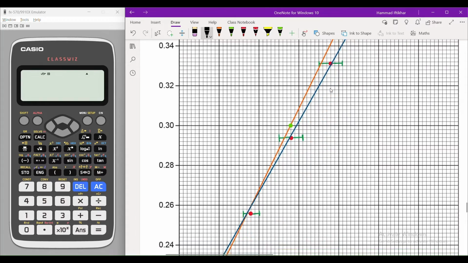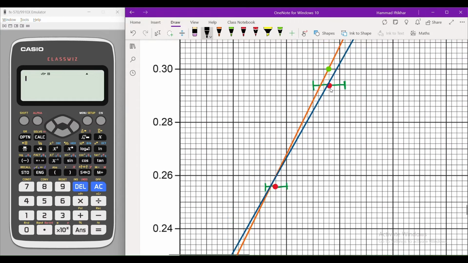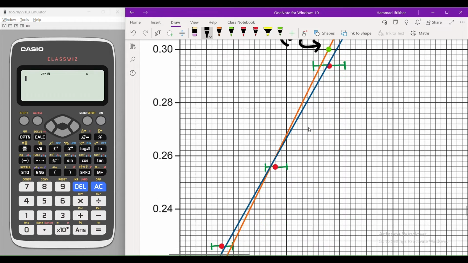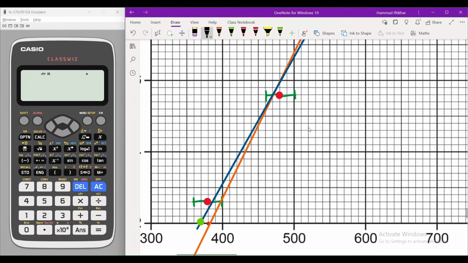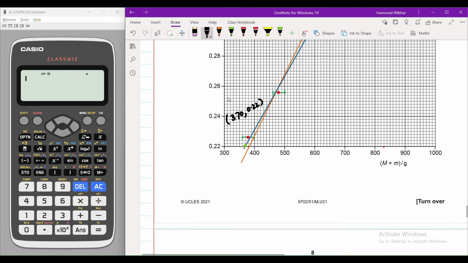Okay, right, now about this point, it is at 580 and 0.30. And for the best fit line, this was 370 and 0.22.